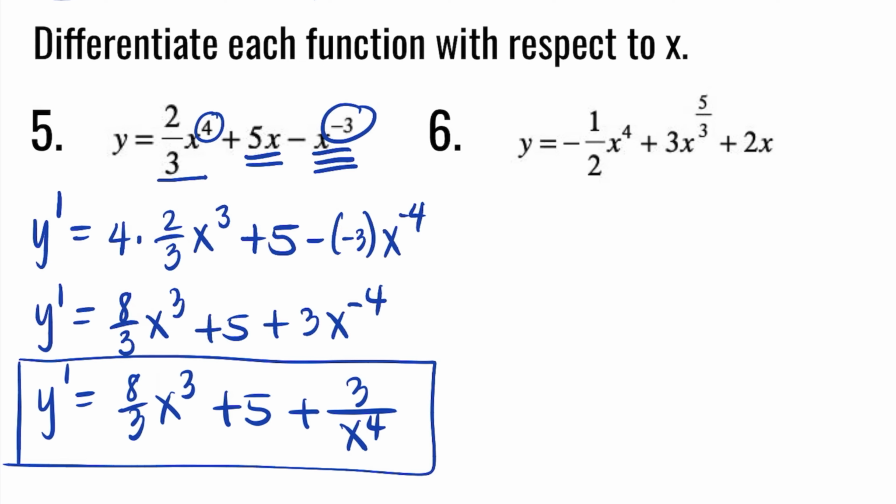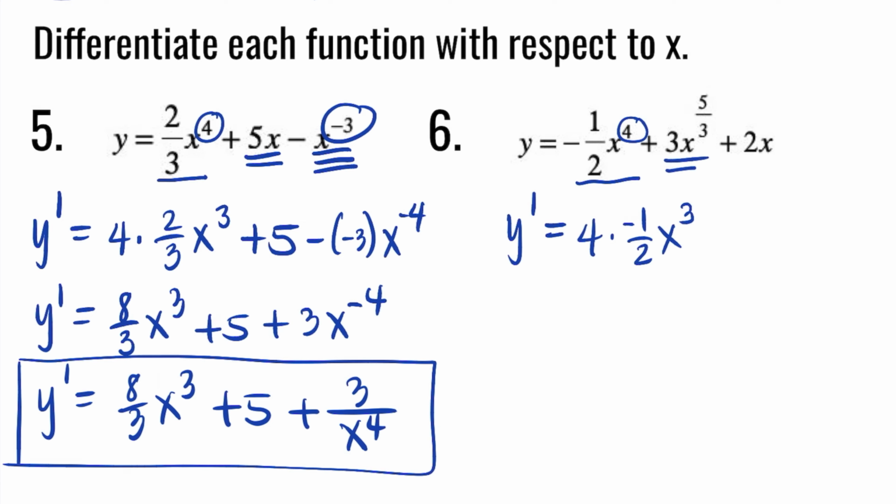Question number 6. y equals negative 1/2 x to the 4th plus 3x to the power of 5/3 plus 2x. So now let's find the derivative y prime or dy over dx. For the first term, our exponent is 4, so we will have 4 times negative 1/2 x to the power of 4 minus 1, and that is 3.